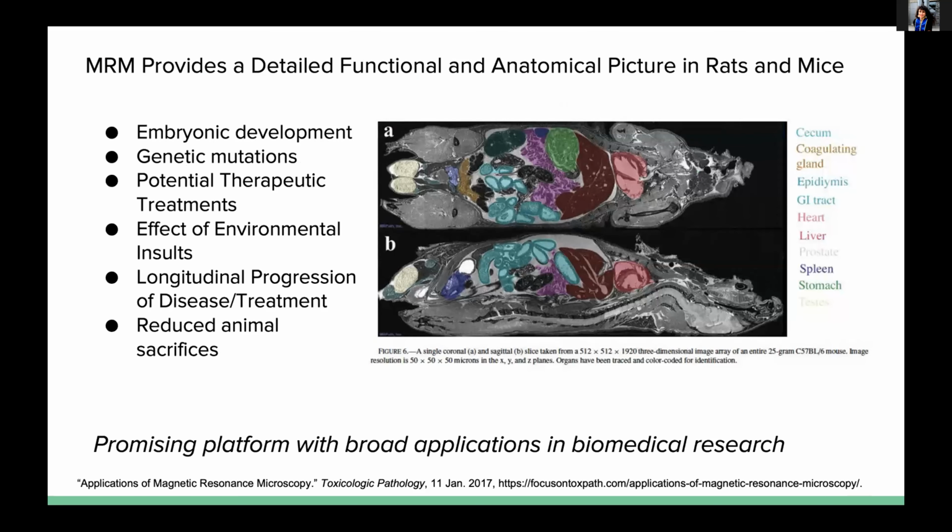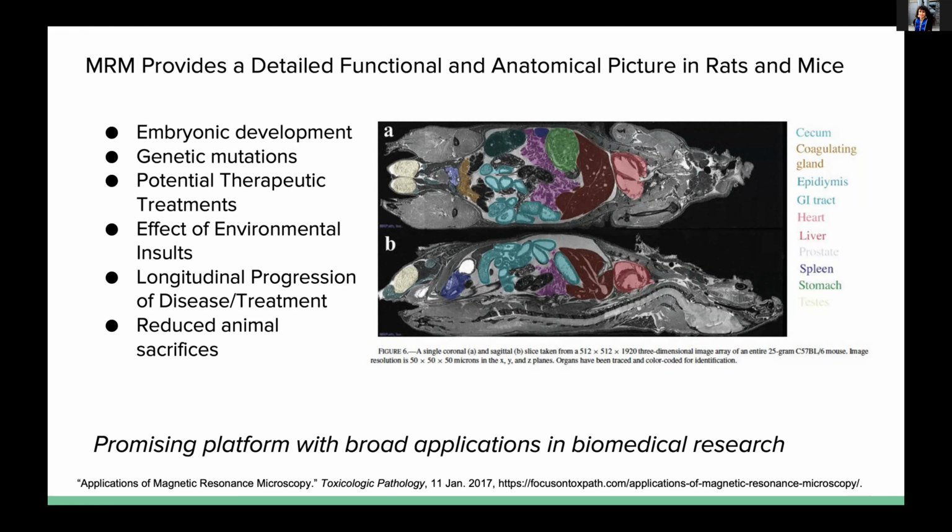While the applications of MRM are broad, one of the most valuable capabilities is the ability to image small live animals. Compared to conventional histology, the subject can be viewed interactively in any plane. Spatially localizing morphologic and functional changes in the organ systems of small animals means that we can get a better understanding of things like embryonic development, genetic mutations, potential therapeutic treatments, and the effects of environmental insults.